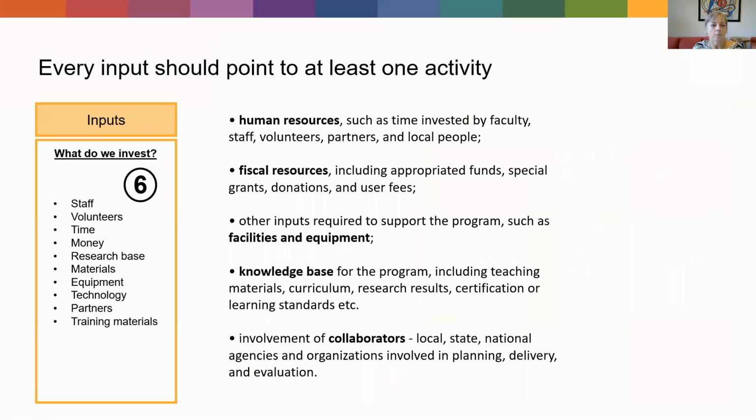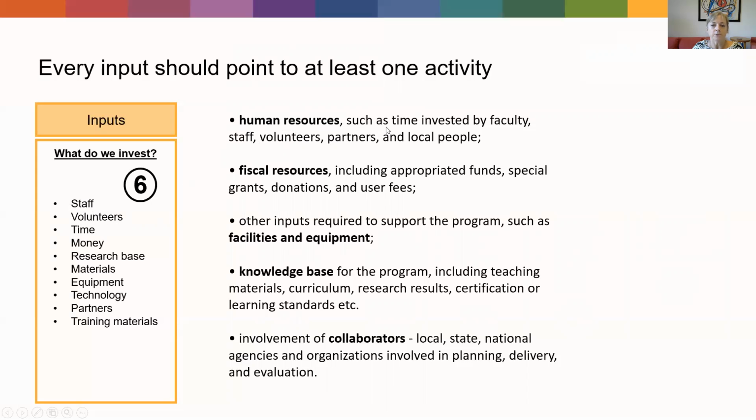So then we get to inputs, step 6, and these are our means. What means do we need? I find it really useful to use these terms in bold as headers of lists of resources. So if we have human resources as a header, I'm going to put staff and volunteers under that header.